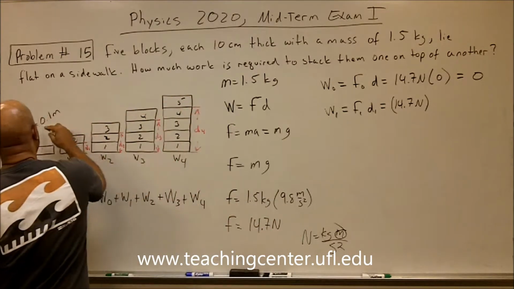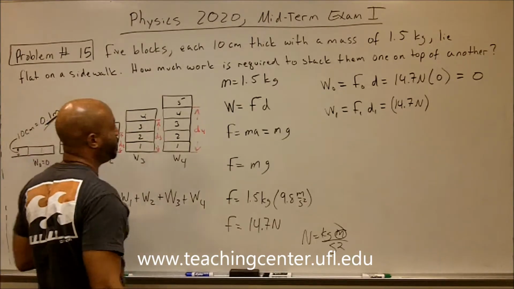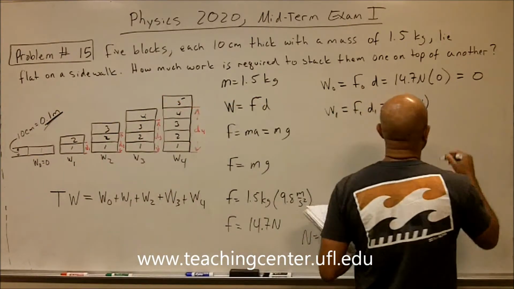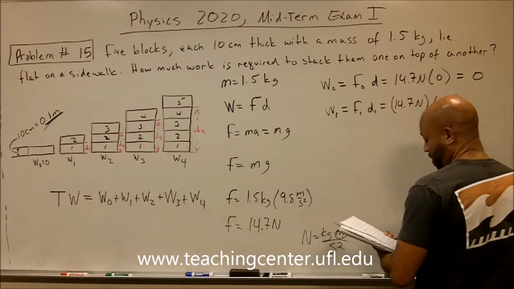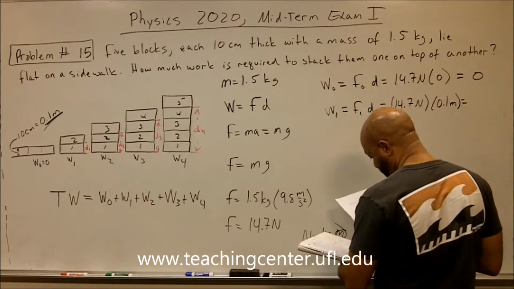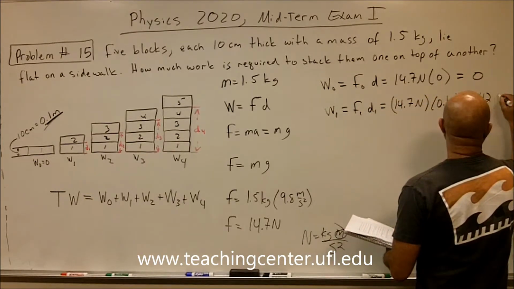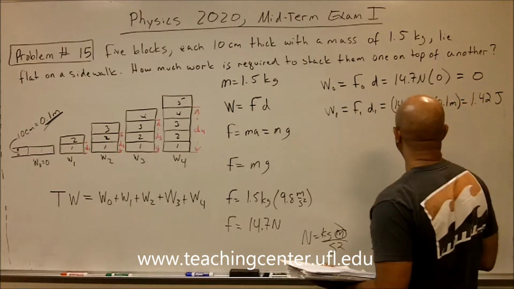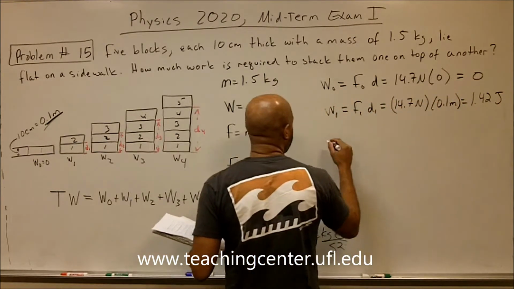They give each block in terms of centimeters, so we just convert centimeters to meters. So the first distance is 0.1 meters, and that works out to be 1.47, and we call this unit joules, of work.